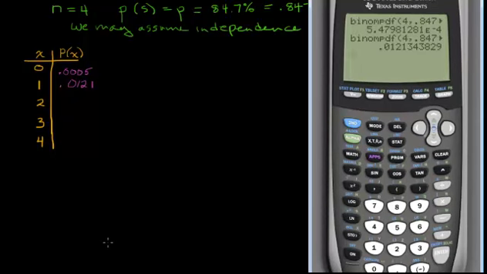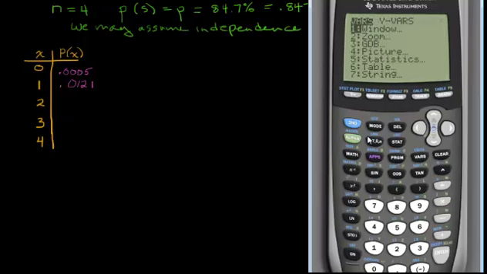So we'll do that for 2, 3, and 4. I'll go a little bit faster. This time I know that it's function A on here, so I could also use the alpha key and tap A, and it took me straight down to it. So if you have that option on your calculator, you might try that. Alright, so 4 hasn't changed, my probability doesn't change, but now I'm interested in 2.